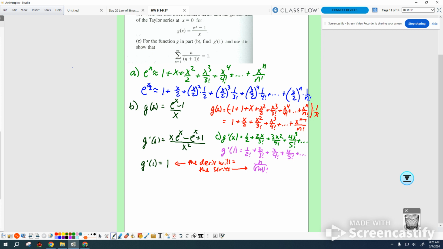This is a derivative. This is a derivative. This is a series. Derivative of the series to find the series. This is the derivative to find the series.